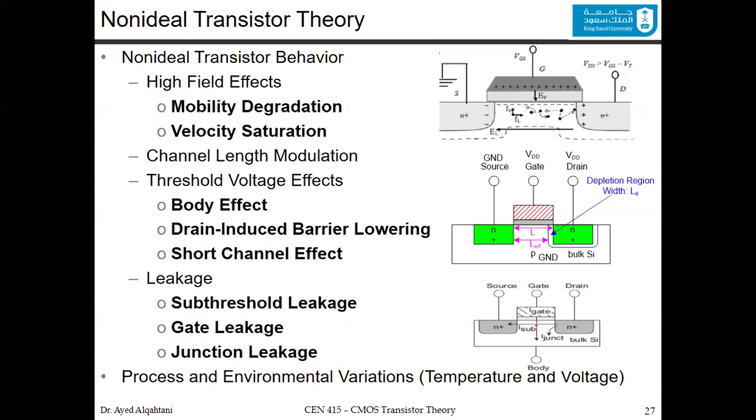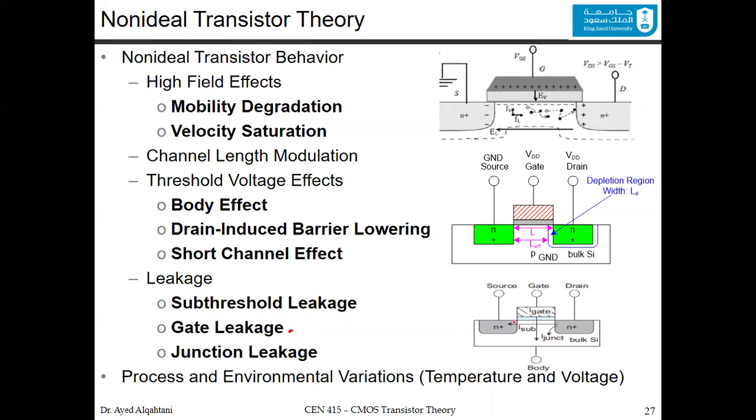This is the gate leakage. You know that there's not supposed to be any current going from the gate to the rest of the transistor. But because of this leakage behavior, there is actually a very tiny current leaking out from the gate. We call it the gate leakage.